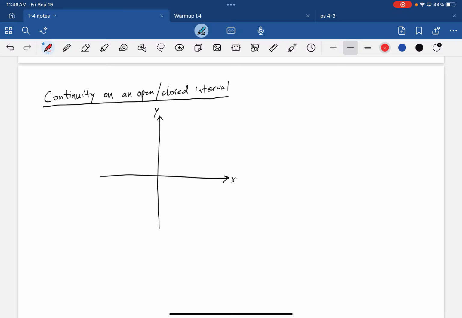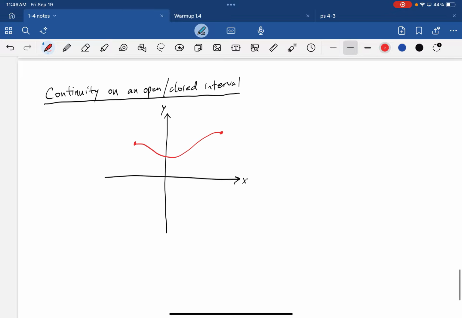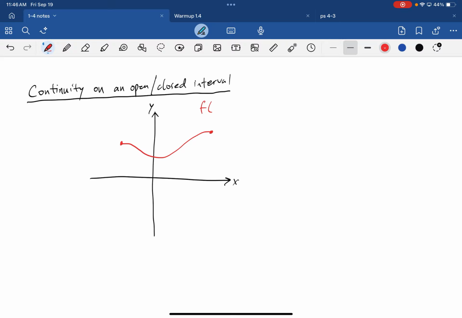So they're not defined for all values of x, but maybe only some values of x. Okay. So for example, if we had a function that looks like this, maybe. Let's call this f of x. Let's say this is a and this is b.